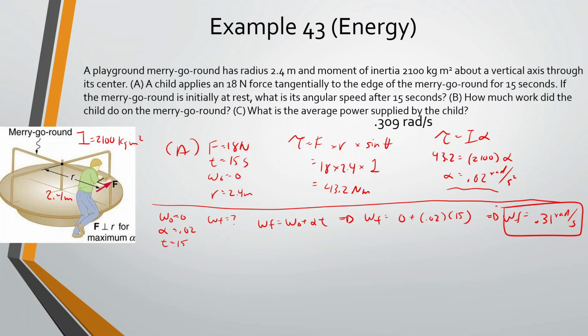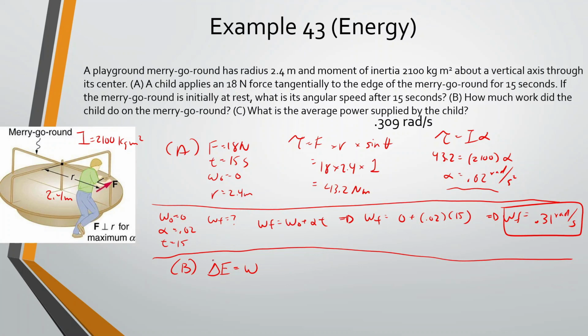The first one: how much work did the child do on the merry-go-round? Okay, so now we're trying to find how much work the child did. At the beginning, there's no energy, but once it starts moving, now there's kinetic energy. So the amount of work that he did is the change in energy. Change in energy is equal to work.